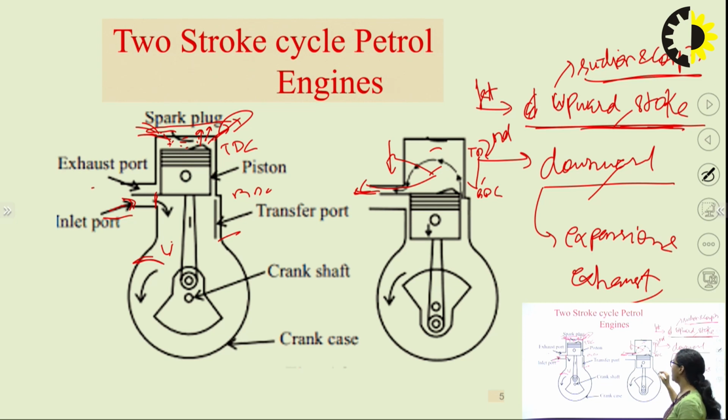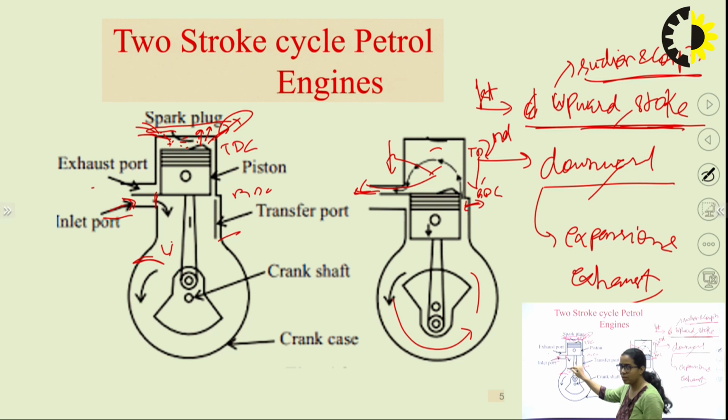Now again, as the piston moves downward, the transfer port also opens, and the fresh charge which was supplied in the first stroke of the piston is now compressed also in the crankcase as the piston moves downward.